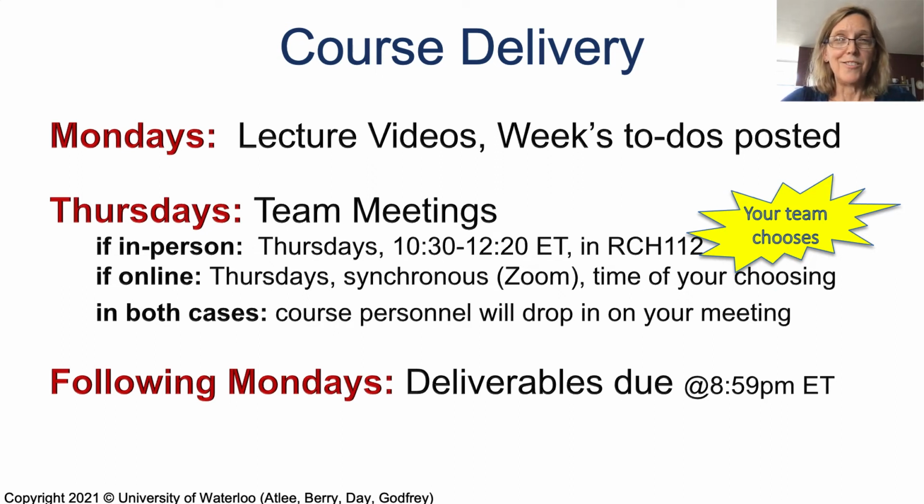Of course, if the university rules change and we're not allowed to have in-person meetings, then all team meetings will be online. Regardless of whether your team meeting is in person or online, you will meet with course personnel each week and will answer questions about how the week's deliverables apply to your course project and will provide feedback on your work in progress. Finally, each week's deliverables are due the following Monday at 8:59 p.m.